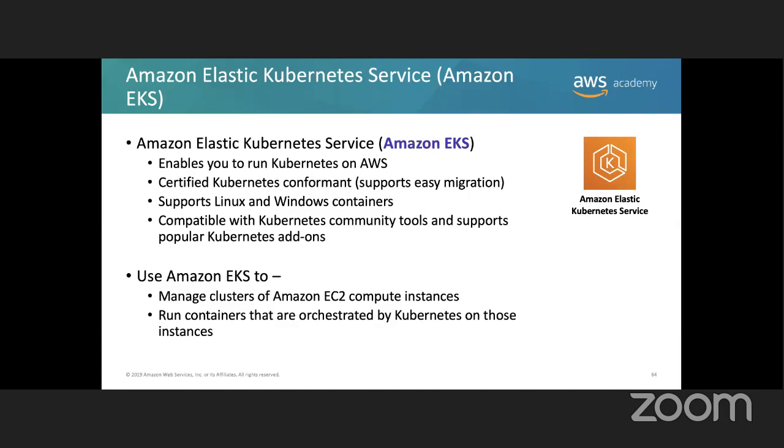So maybe you might think that you could launch one or more EC2 instances, install Docker on each instance, install Kubernetes on the cluster, and manage and run Kubernetes yourself. That is an option. That's possible. But AWS provides a service called EKS, and that simplifies the management of Kubernetes clusters, right?